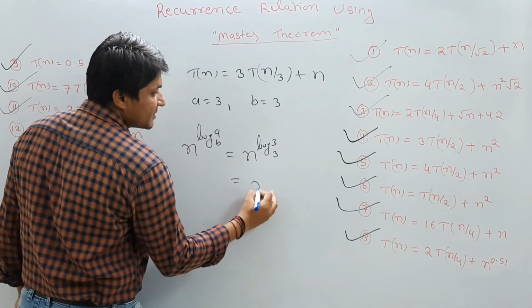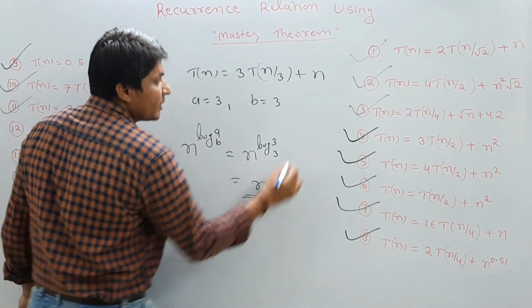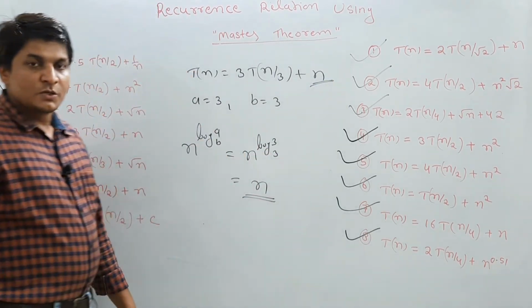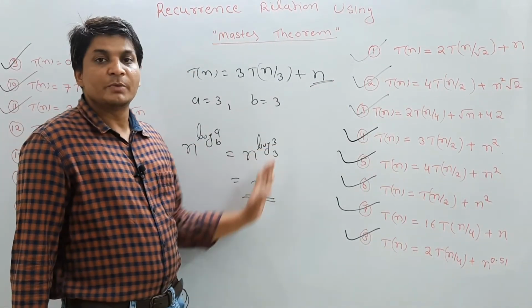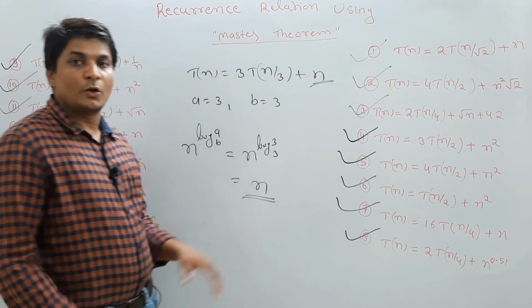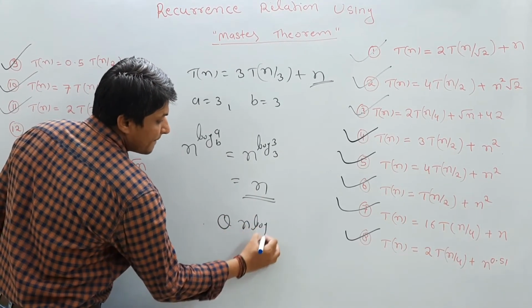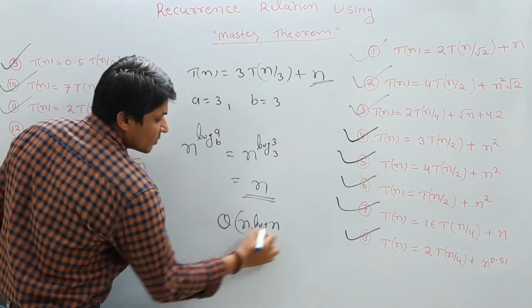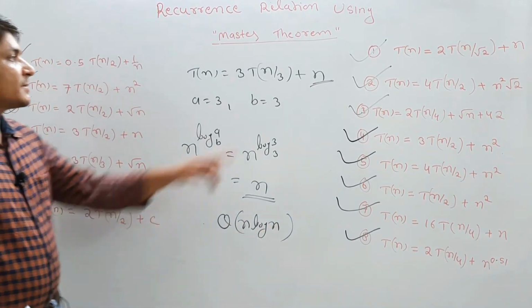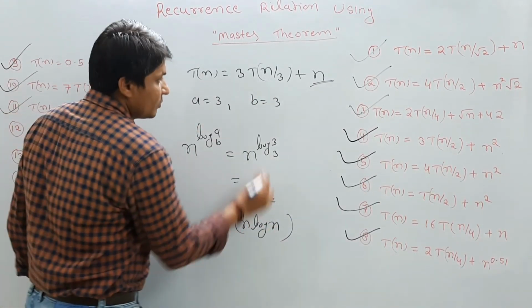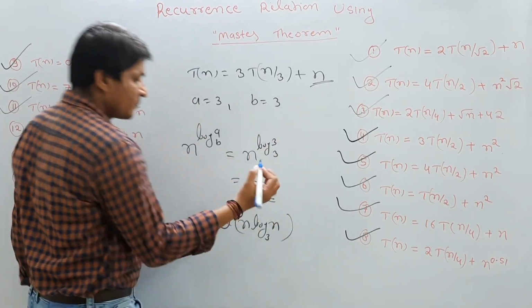If you simplify, this is n. Now this is also n and this function value is also n. So if both are matching, then you can simply multiply with log n. So time complexity is going to be n log n. N log n. And what would be the base? Base is 3. You know, b value is base, so 3.